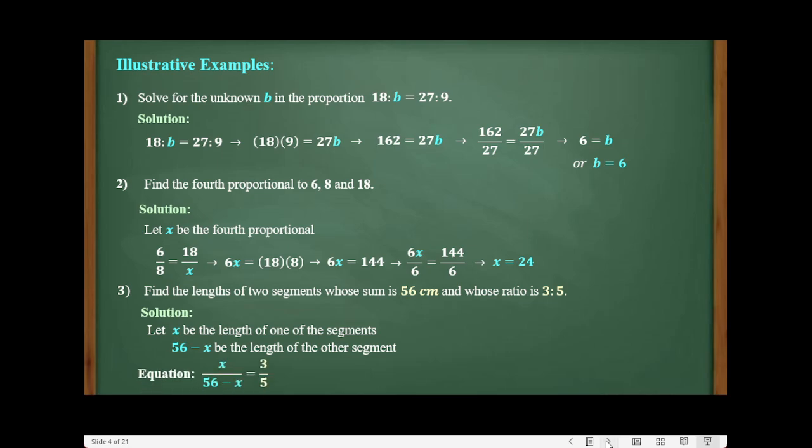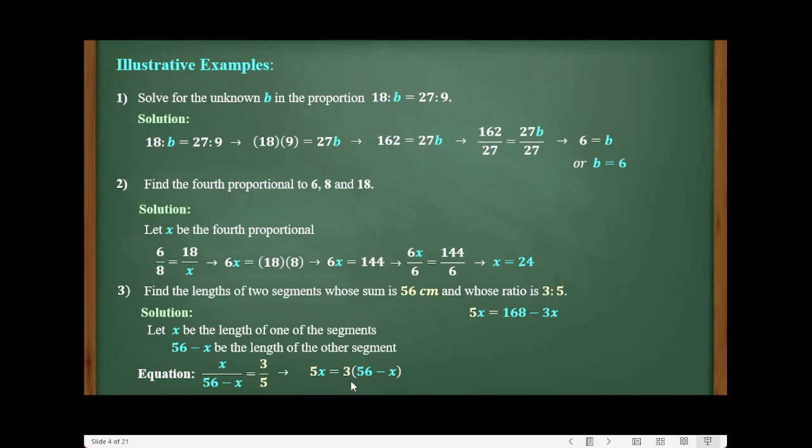Then to set up the proportionality or the equation, that is x over quantity 56 minus x is equal to 3/5. Then we do the cross product method. So at this point, the equation becomes 5x is equal to 3 times the quantity 56 minus x. So at this point, we've just formed a linear equation in one unknown x.